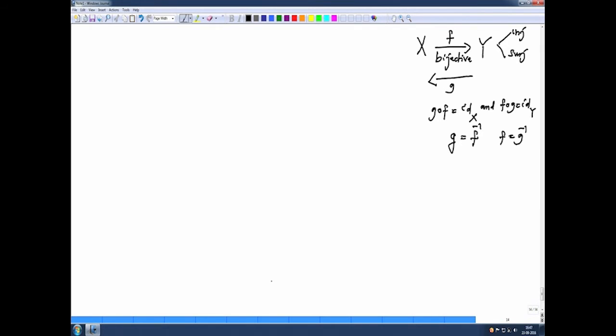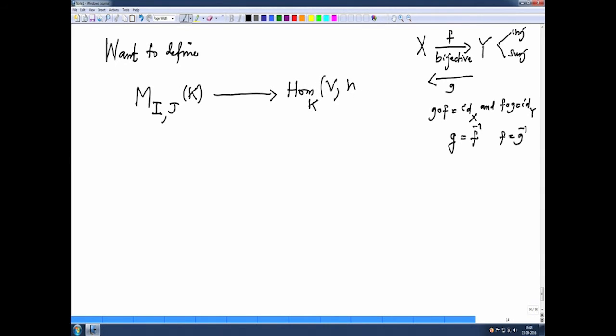So, I am going to produce a map in the other direction. So, we want to define a map from the matrices M_{I,J}(K) to Hom_K(V,W) in such a way that each composite is identity.